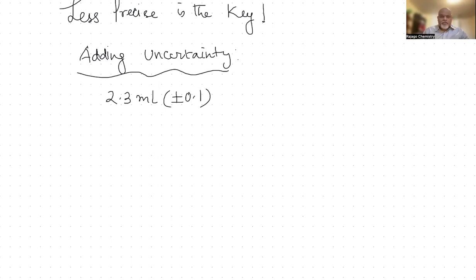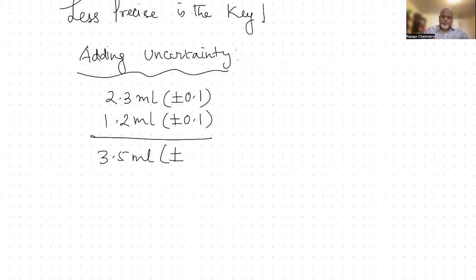And then the next measurement was 1.2 ml, which also has an uncertainty of 0.1 ml. What is the final answer? You add both of them. The answer is 3.5 ml. You add the uncertainty as well: plus or minus 0.1 plus 0.1 is 0.2. So just add them.